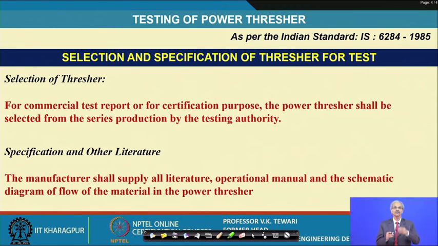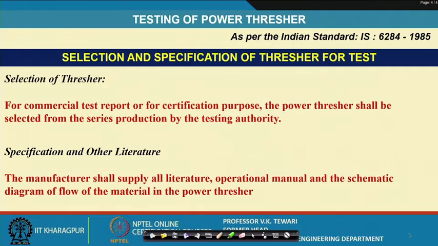So, first of all, you must select. Suppose a manufacturer comes to you and says that I have designed a thresher, please test and certify whether this is worth marketing or not. He may also apply for some sort of subsidy which the government gives, particularly in case of this country, India. So, he would like to do this. So, how do you select? In fact, he would like to give you one machine, but that is not the procedure.